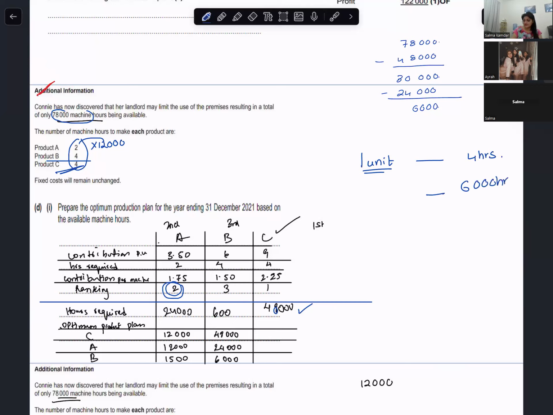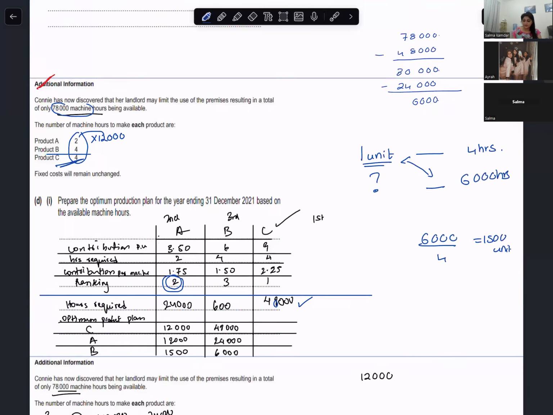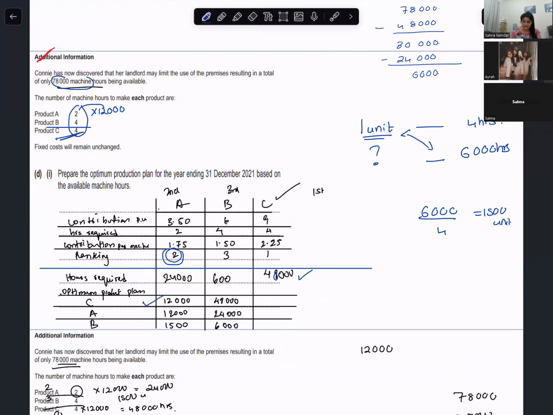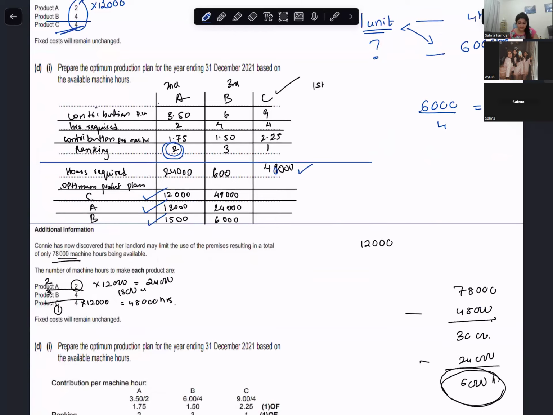In 6,000 hours, how many units can you make? 6,000 divided by 4 is equal to 1,500 units you can make. So your optimum product plan would be how many units you're making of C, then A, and then B. Are you with me?